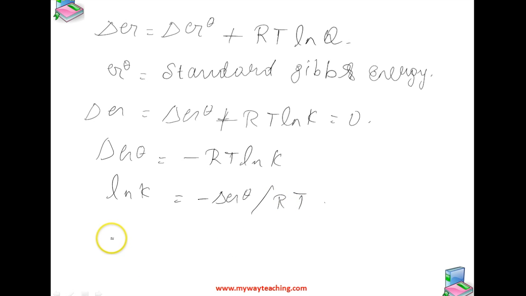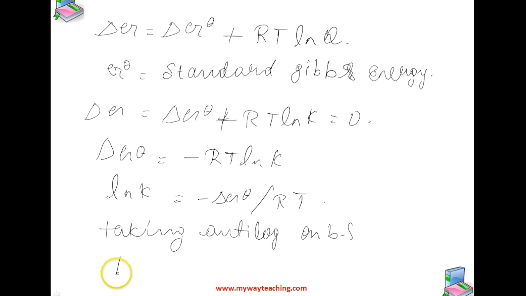Taking antilog on both sides, we are getting K is equal to e raised to minus standard Gibbs energy divided by RT.